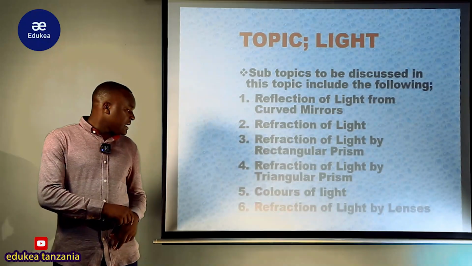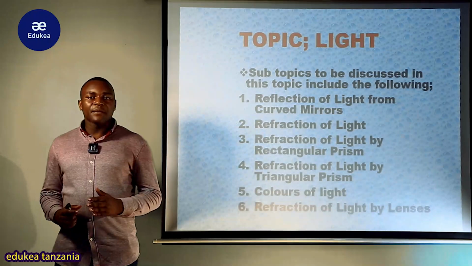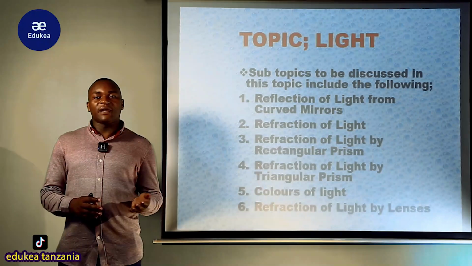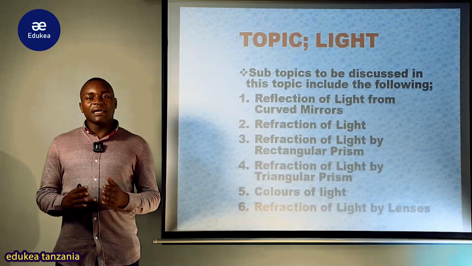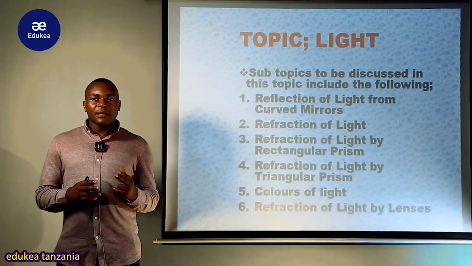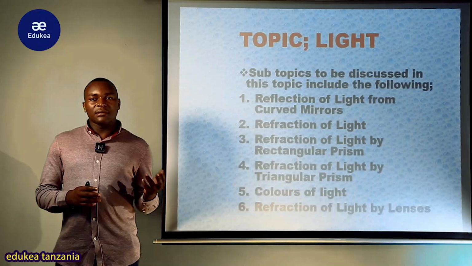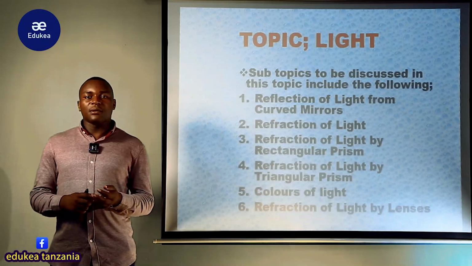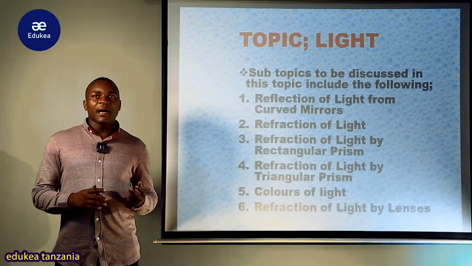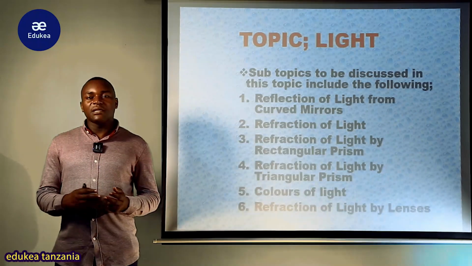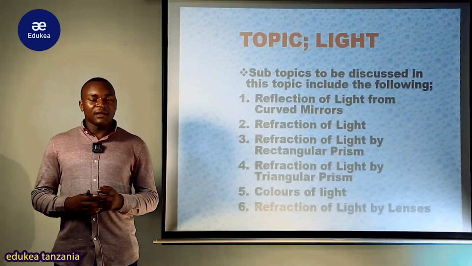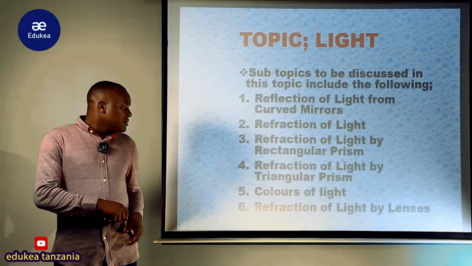Baada ya hapo tuliangalia subtopic ya 6, ambayo ilikuwa inaelezea refraction of light by using a lens. Tukaona kwamba kuna aina za lens, tulisoma kuhusiana na convex lens pamoja na concave lens. Tukaona how concave lens inaform image but also how convex lens can form the image.